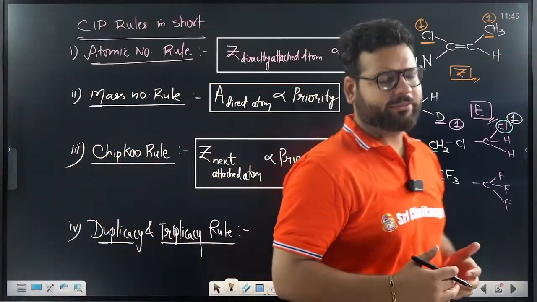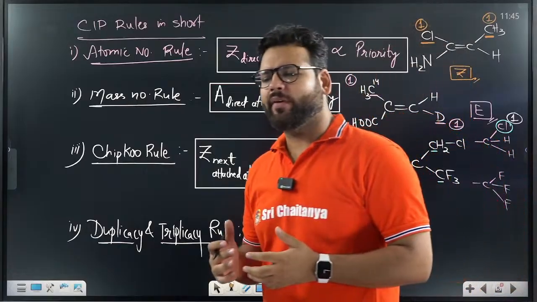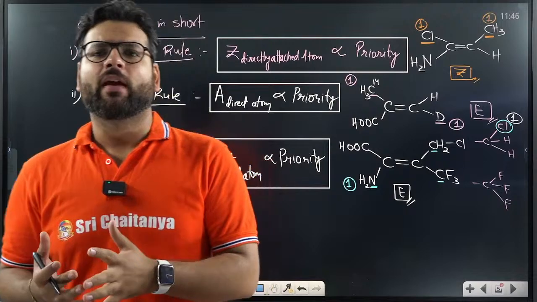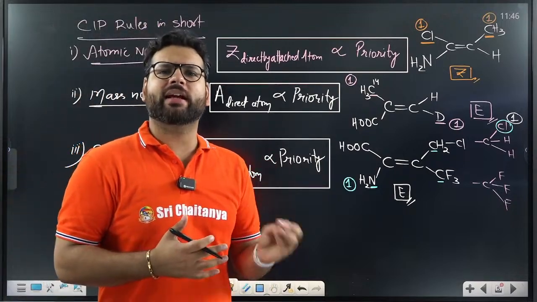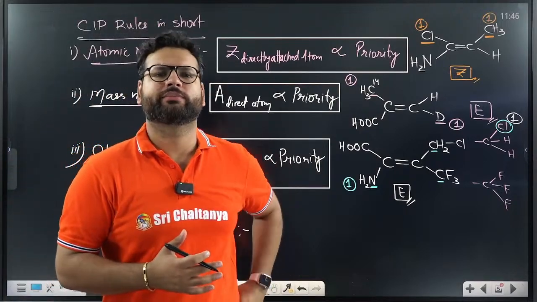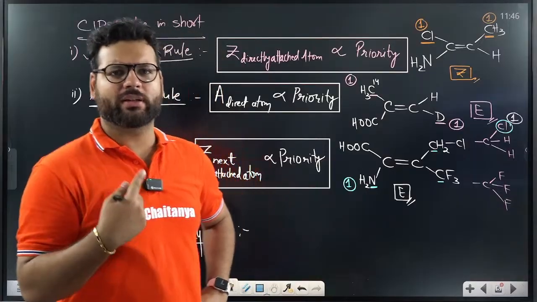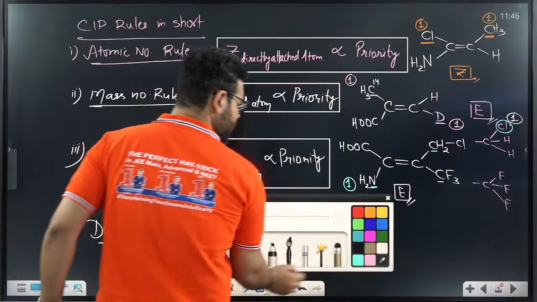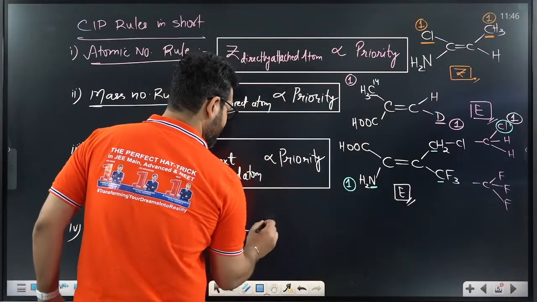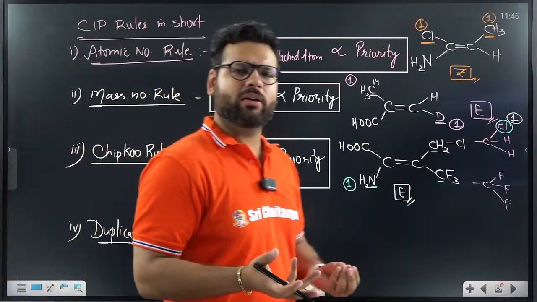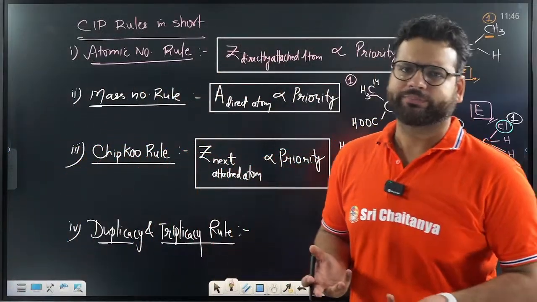Duplicacy-triplicacy means that whenever you have a double bond, A double bond B, you can consider that A is attached to two B's. That's what we are trying to say. Duplicate a double bond, triplicate a triple bond.